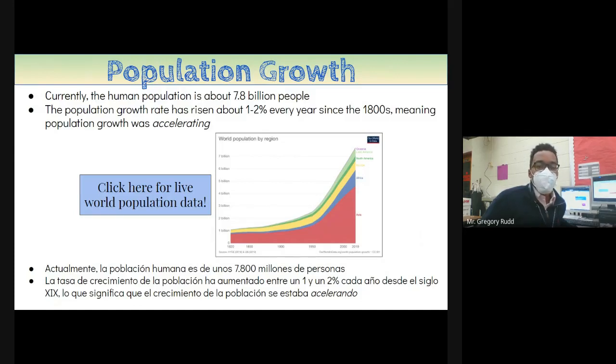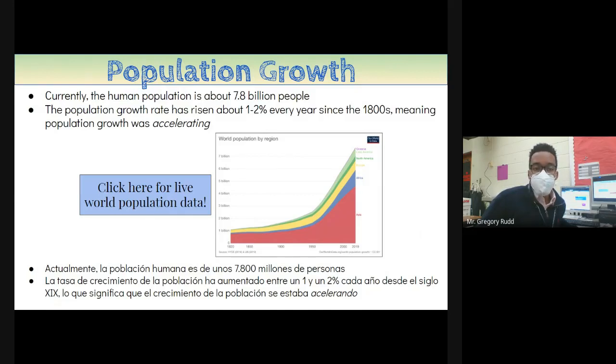Yeah, it's shocking because when I was in high school, when I was your age, there were only about 6 billion. So, in only the last 10 years or so, the population has increased by almost 2 billion people. That demonstrates just how quickly the population is growing.